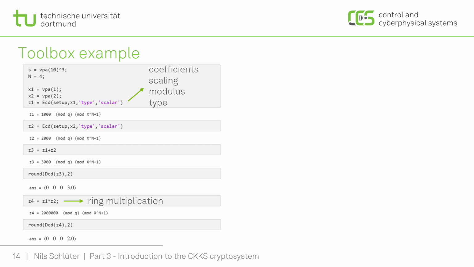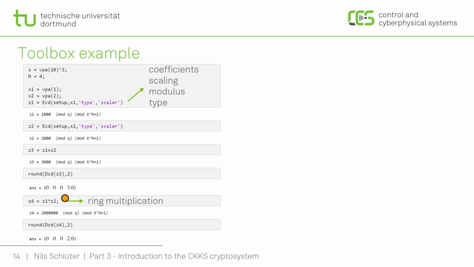The type is, in this case, the scalar. And we can see that the output of this is then 1,000, because only one of the coefficients is used. There we have the encoded value. For the second one, it's then 2,000 because of the scaling factor 10 to the power 3. And if we add that, we get, of course, 3,000. If we decode it, we get 3 because the scaling factor was 1,000 during the computations.